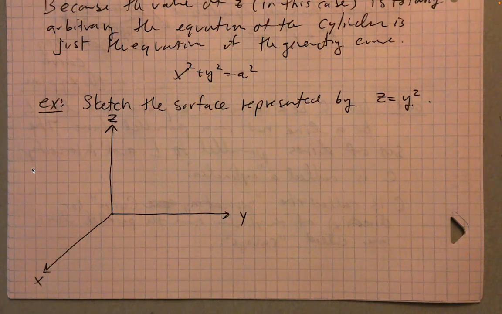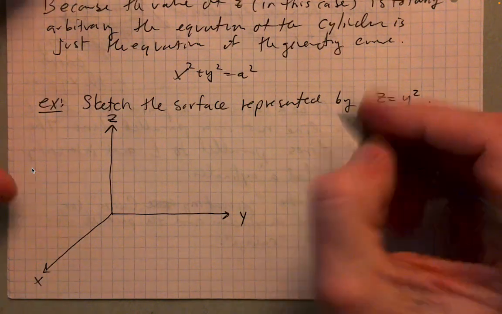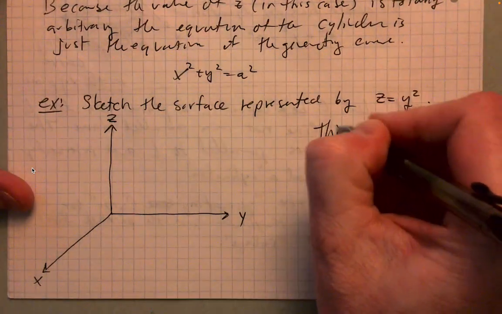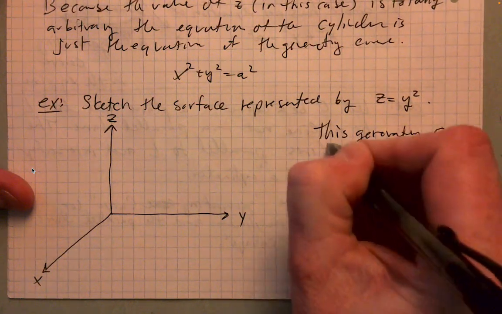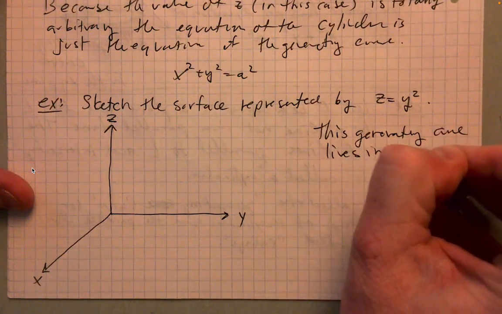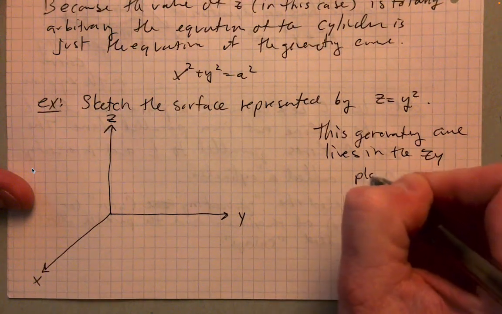So the fact that z and y are included in the expression but x is not means that this generating curve, this z equals y squared generating curve, lives in the zy plane.